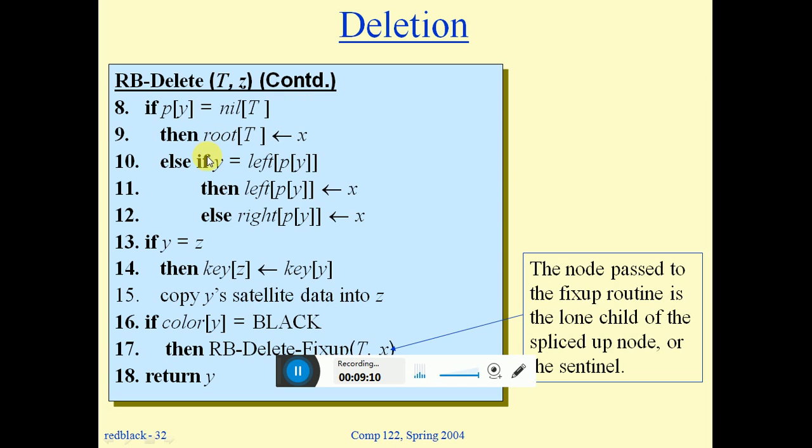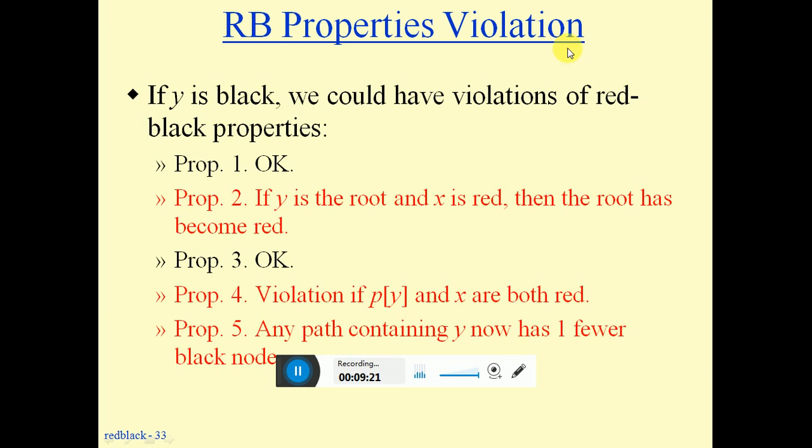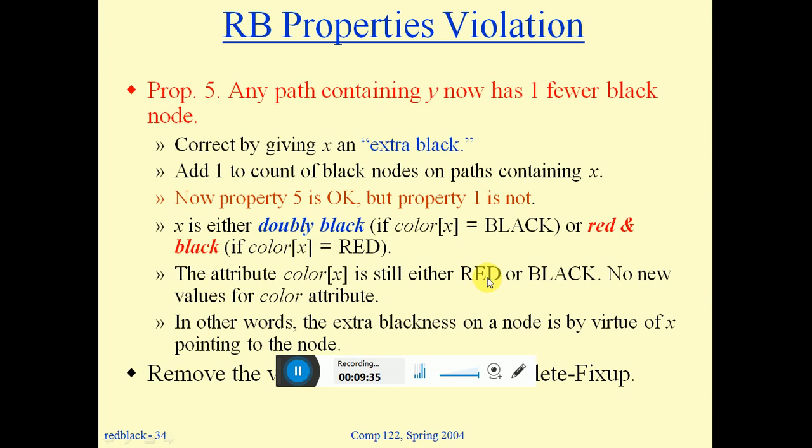If y is deleted, the color of y is black, then call RB-Delete-Fixup(T, x). Property violations: property 2, if the root and x are red, the root has become red; property 5, since p of y is affected, any path containing y now has one fewer black node.